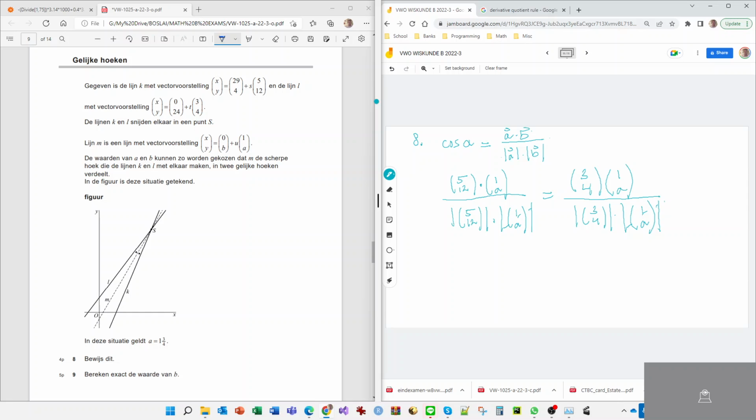So we get 5 plus 12a divided by the square root of 25 plus 144, equal to 3 plus 4a divided by the square root of 9 plus 16.